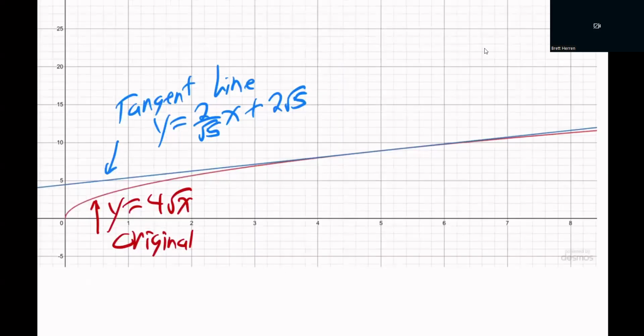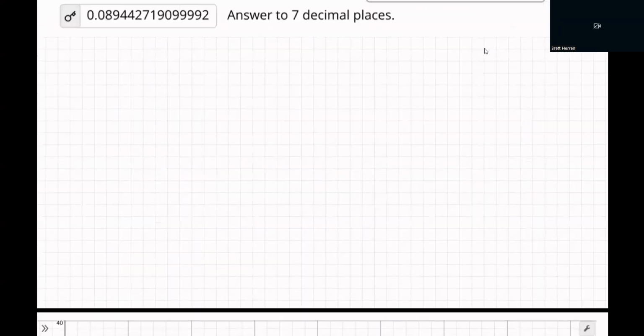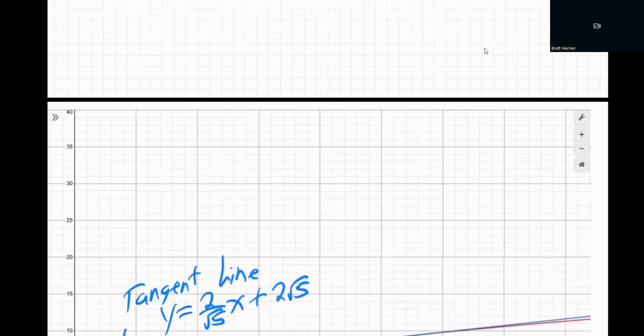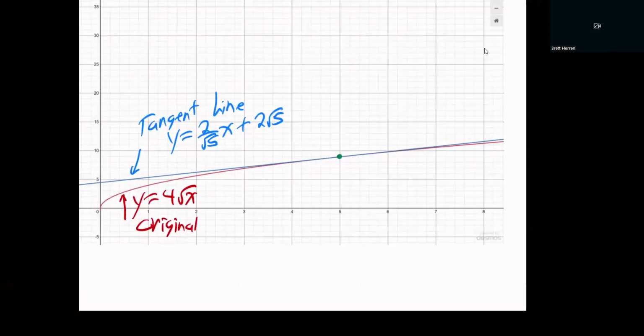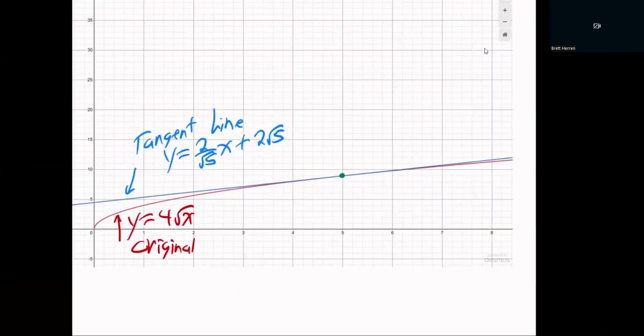At x equals 5, they intersect exactly right here. So you know what a tangent line is, right?